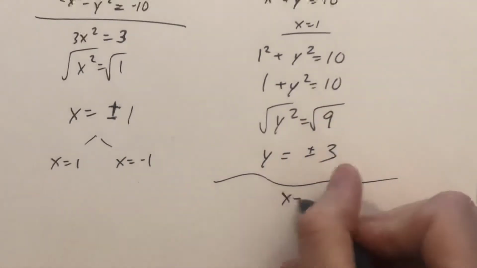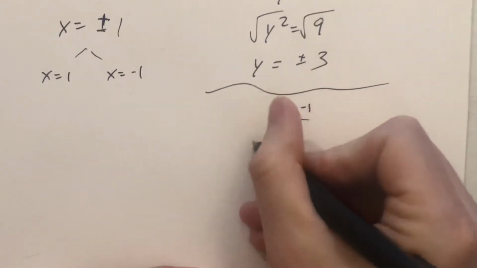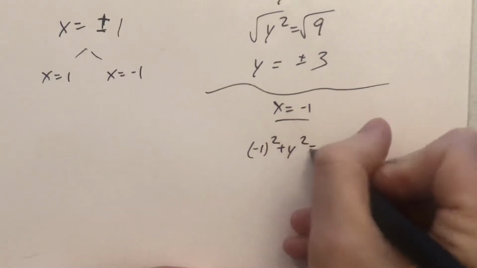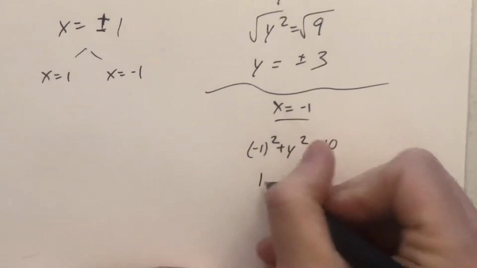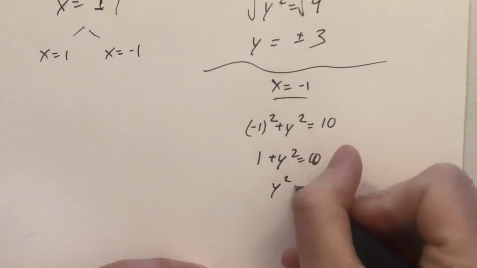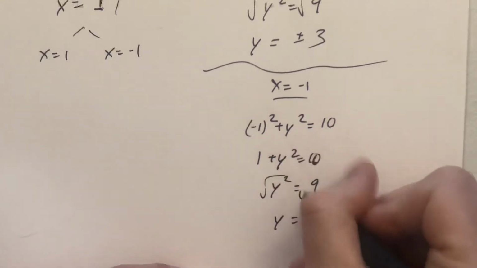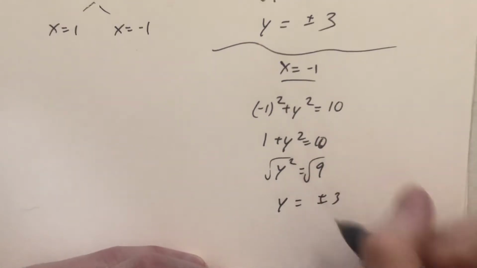And then let's go ahead and look at the other one. Let's look at x equals -1. In the same equation, -1 squared plus y squared equals 10. And it looks like it results in the same thing. We get another y squared equals 9, square root property, y equals plus or minus 3 again.